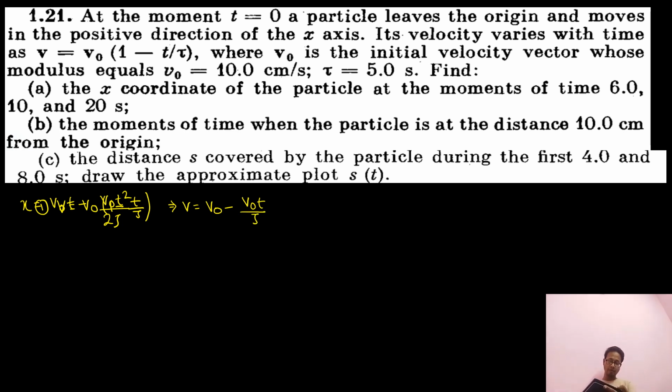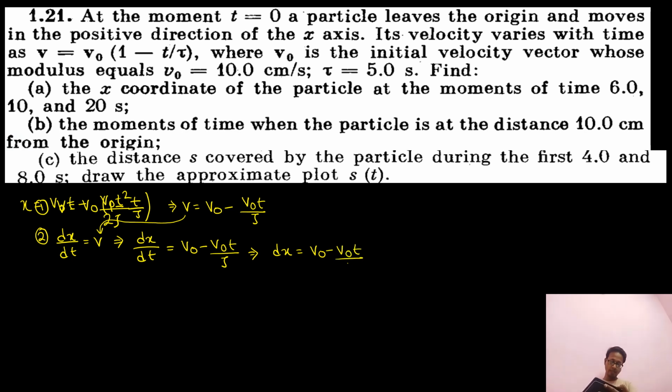How do we find out the equation of displacement? To find the equation of displacement, you can simply use dx by dt is equal to v. You can substitute the v from out here. So dx by dt is equal to v naught minus v naught t by tau, or dx is equal to v naught minus v naught t by tau into dt.